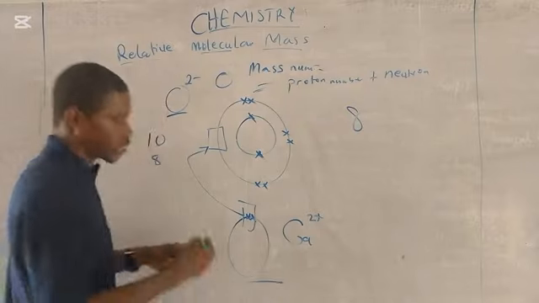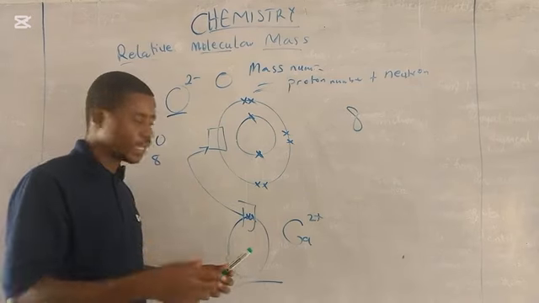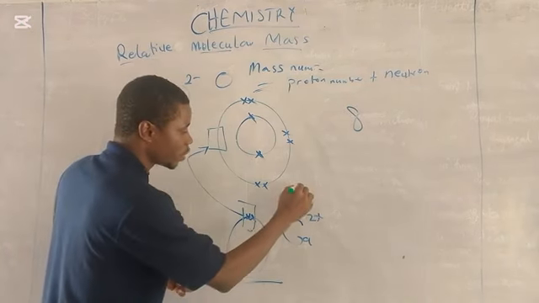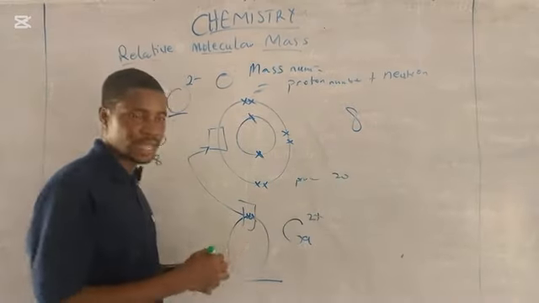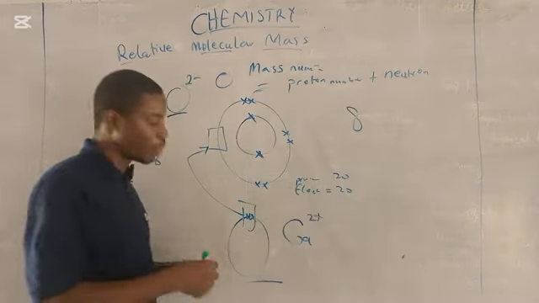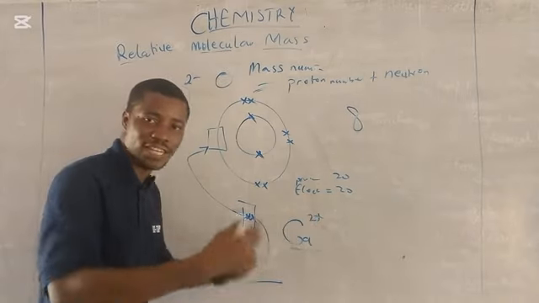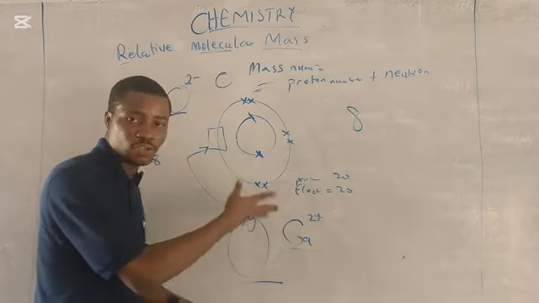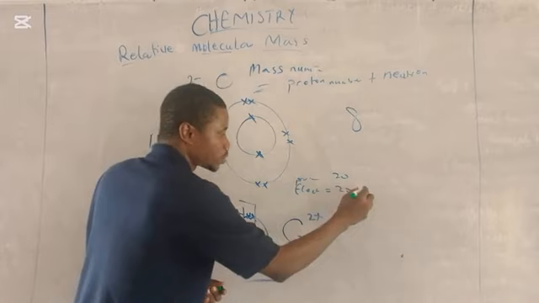Then in the case of calcium, calcium has lost 2 electrons. Initially, the proton number of calcium is 20, and the electron number when it was neutral is also 20. But now it has become an ion. 2 plus simply means that it has given out 2 of its outer electrons. So we have to subtract 2 from this.